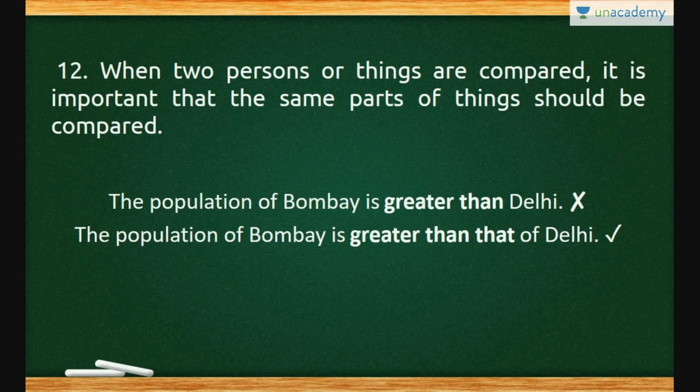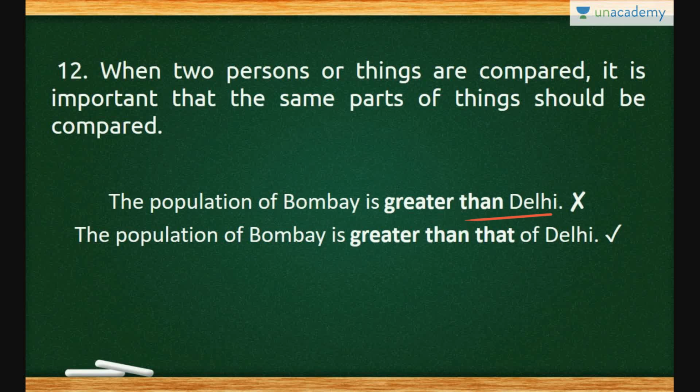Moving on, when two persons or things are compared, it is important that the same parts of things should be compared. Now, the population of Mumbai is greater than Delhi. Now, we cannot compare the population of Mumbai and Delhi as a whole. You would compare the population of Mumbai with the population of Delhi.